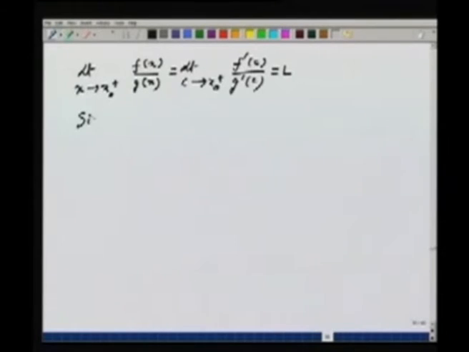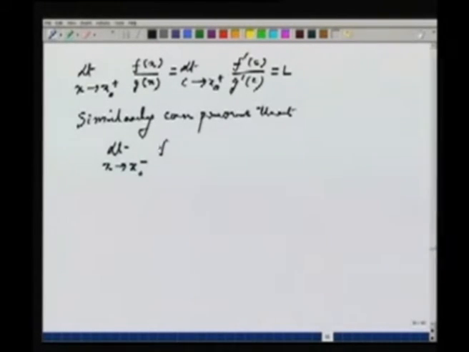Similarly, applying the same technique of Cauchy's mean value theorem, we can prove limit x going to x naught minus f(x) by g(x) is also equal to limit x going to x naught minus f prime x by g prime x.